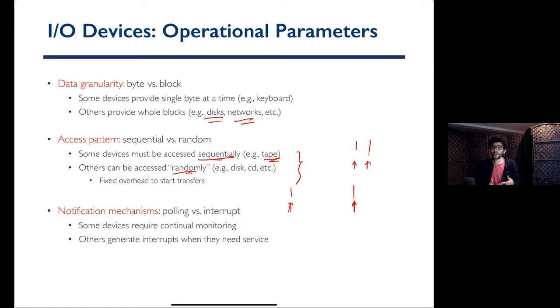Some devices provide interrupts. They can raise an interrupt when whatever they were supposed to do is done, and then you can go and check. Some other devices, you have to monitor them to see when and if they finish the job. For example, a serial port, you have to just ping it to know when the data has been sent or when the data was received.